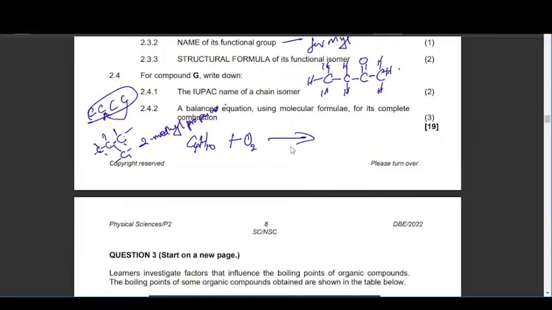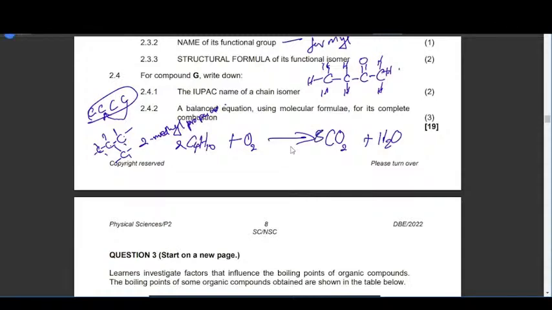That is the combustion which is happening, and then the product is always the same when you do combustion with the hydrocarbons: carbon dioxide plus water. So that's always the answer. So now you need to balance. If I put a 2 here, this is 8.